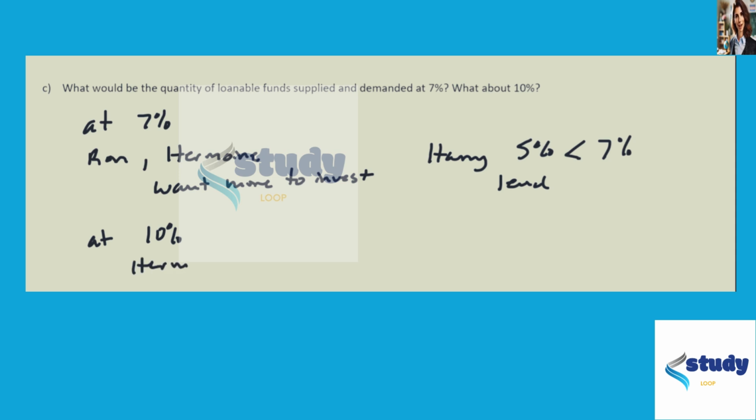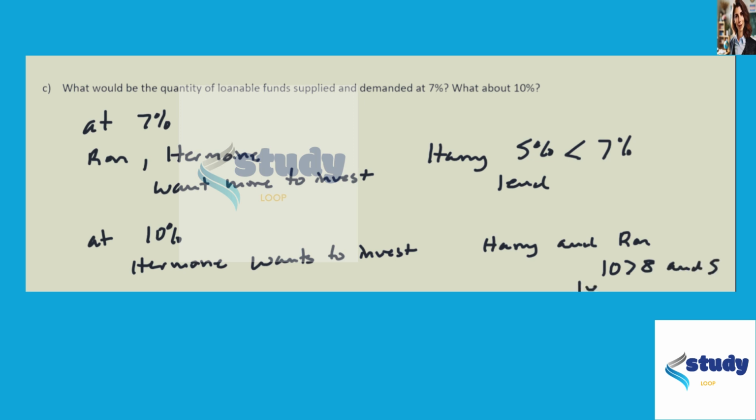Then at 10%, Hermione can still make 20%, which is more than 10%, so she still wants more to invest. And Harry and Ron, since 10 is greater than 8 and 5, are going to want to lend.